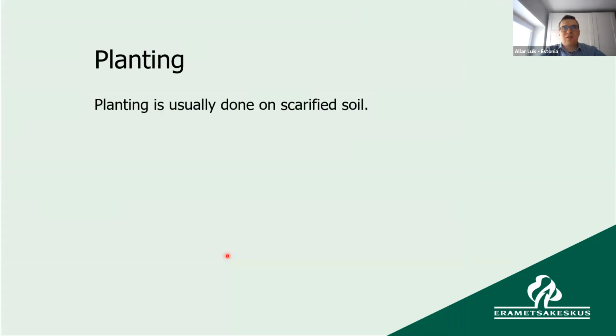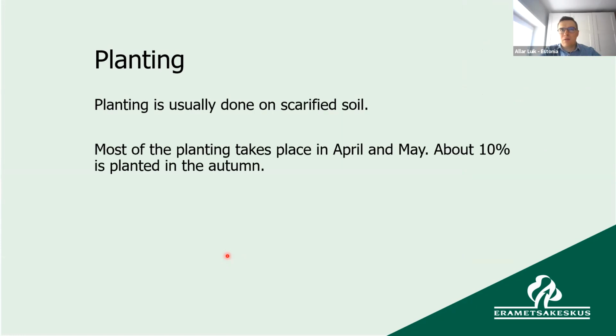So planting: when we have the trees from the nurseries, the planting is usually done on scarified soil. Most of the planting takes place in April and May, and about 10% is planted in the autumn also. There are some risks with new plants.